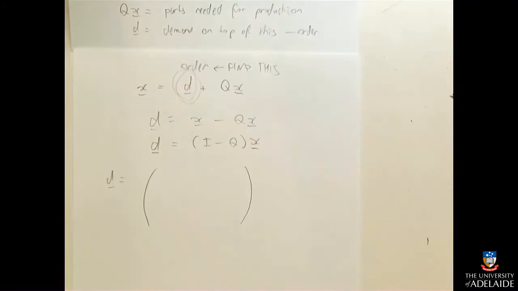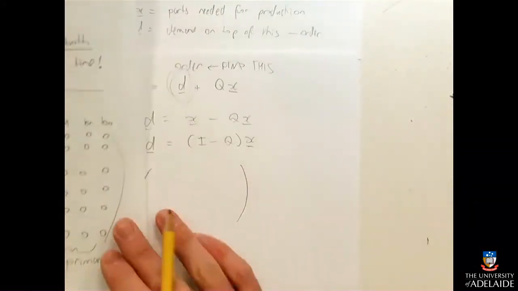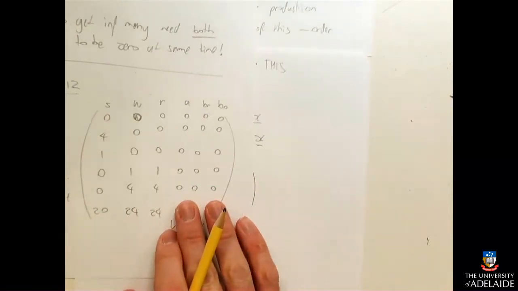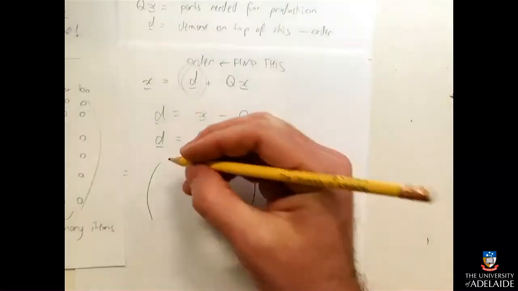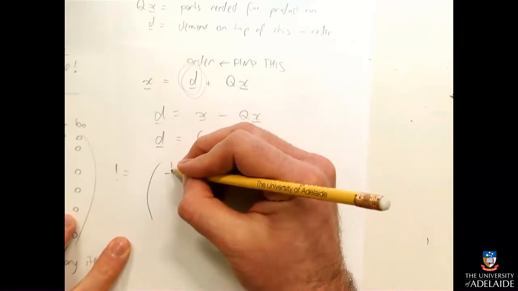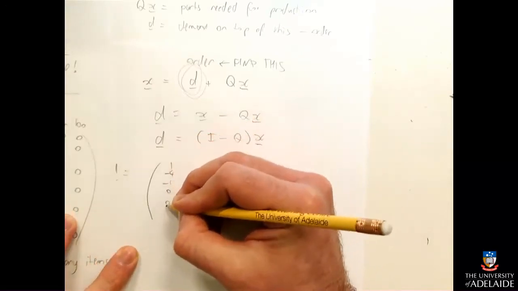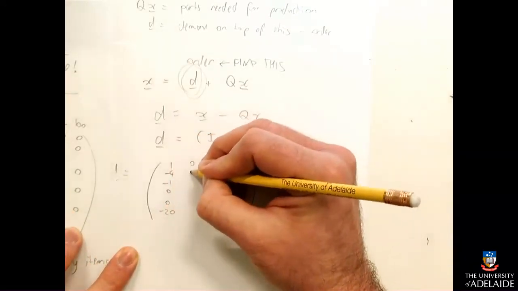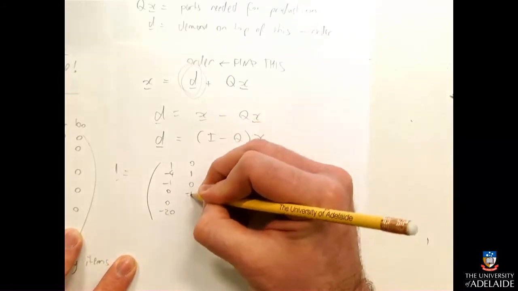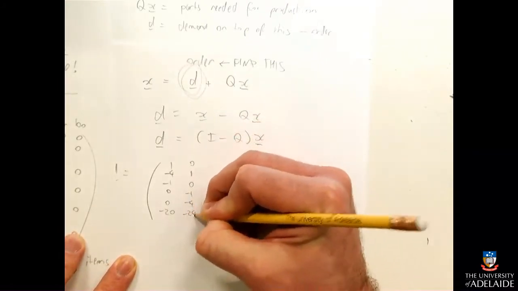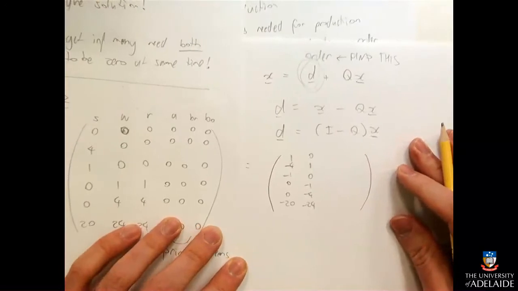Which is good, because it means we don't have to find an inverse of a great big matrix during an exam. Okay, I reckon this is going to work. So I minus q would be minus q plus 1s down the diagonal. So I'm just copying my matrix here.